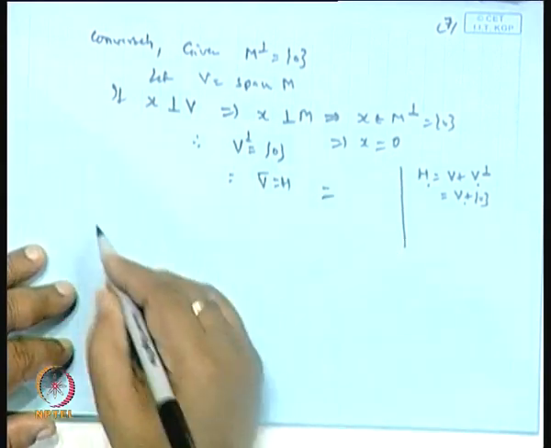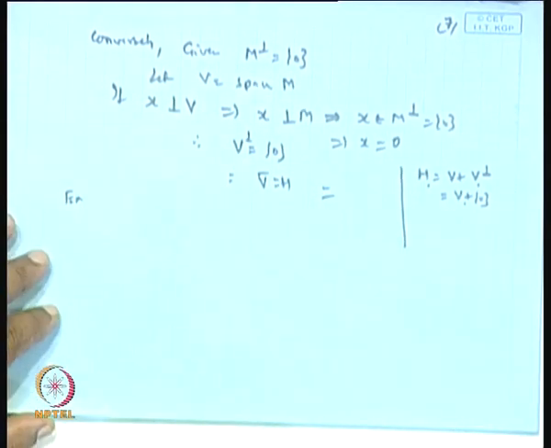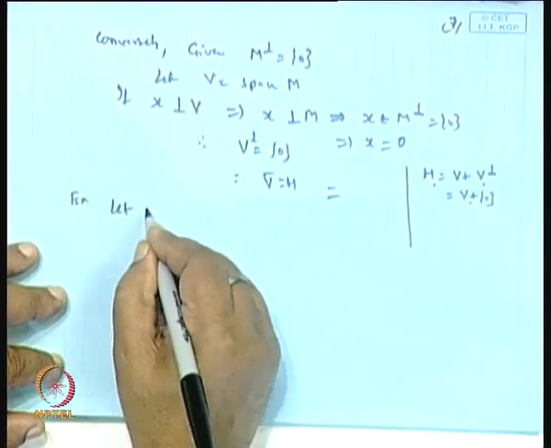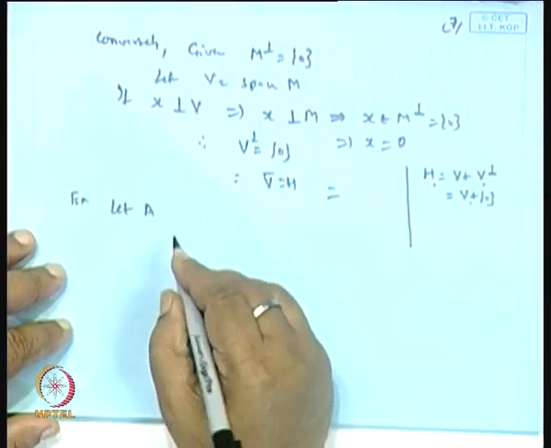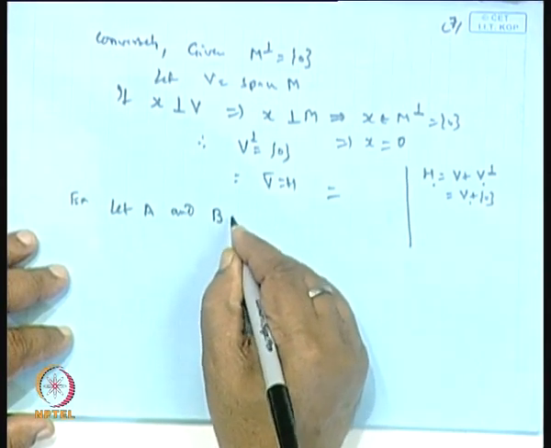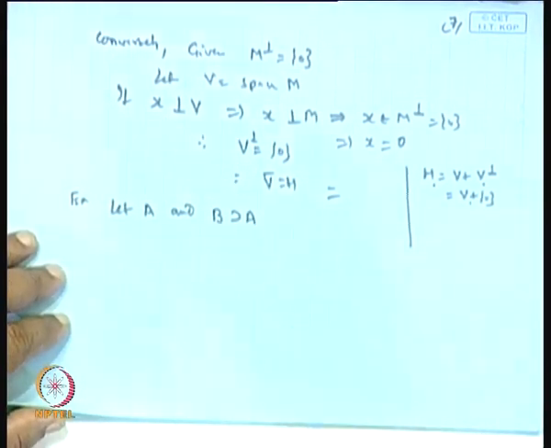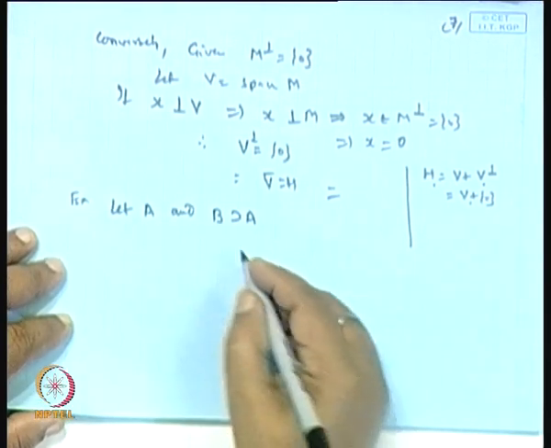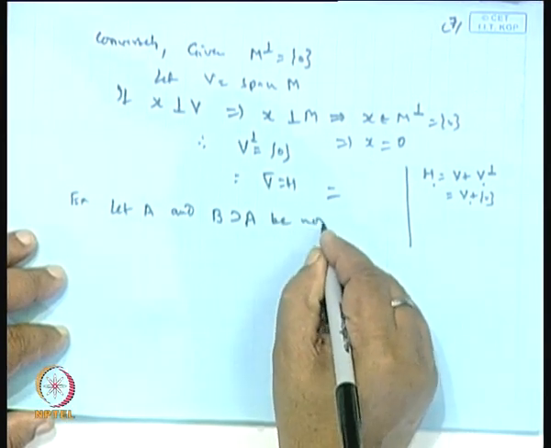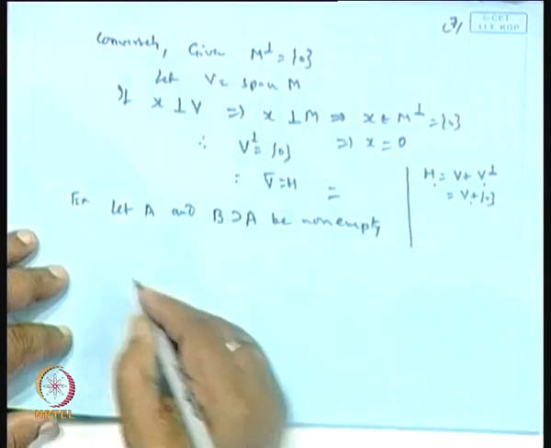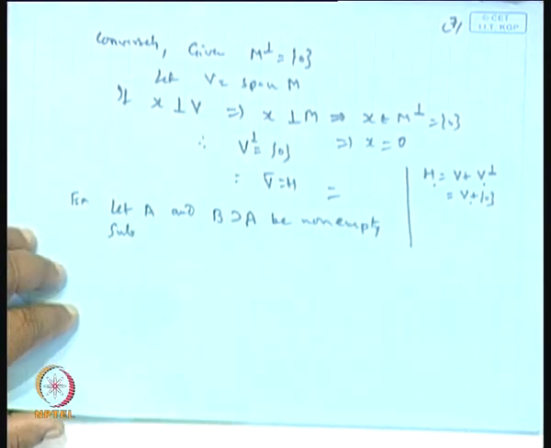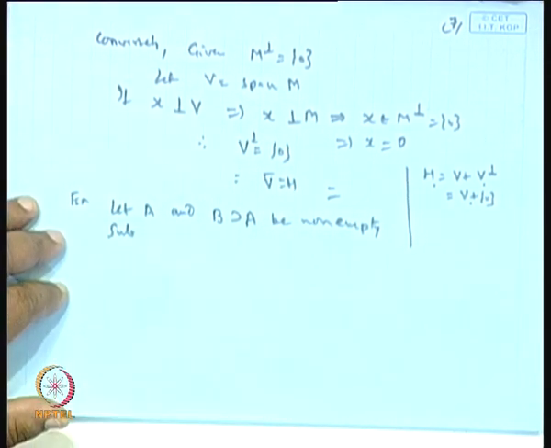So now let us take some more examples. Is it clear or not? Sir, one point, what I think is that it should be only V equal to H. Why are we making again the V bar?